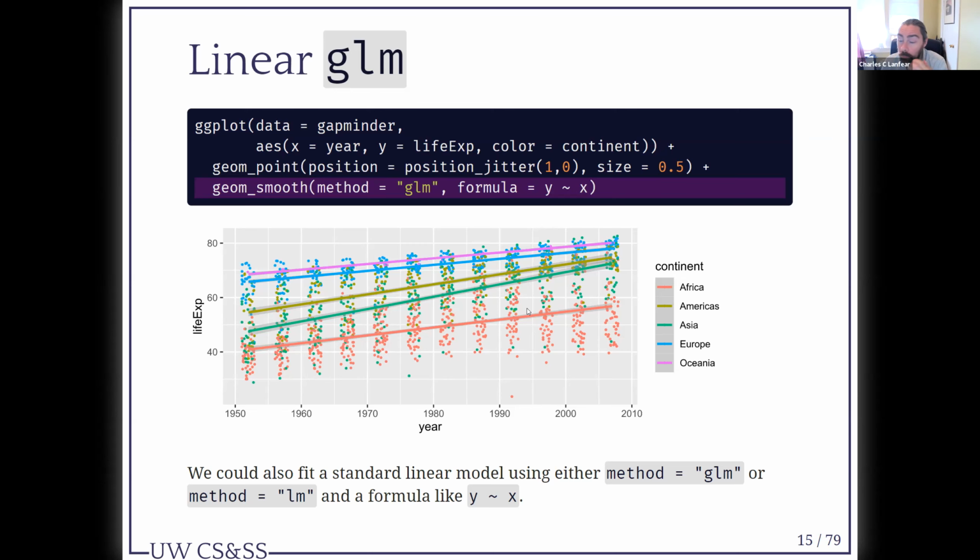This is the same basic model as the previous slide, but because it's a standard GLM model, it's perfectly linear. The line is perfectly straight. This is the exact regression slope and line you would get by running a GLM model for each one of the continents separately. These are what its predicted values would be along the line.